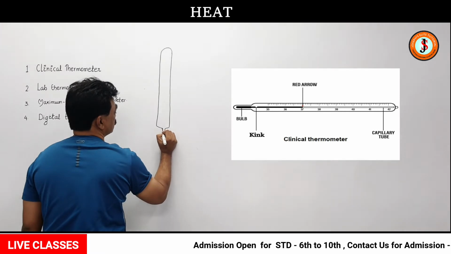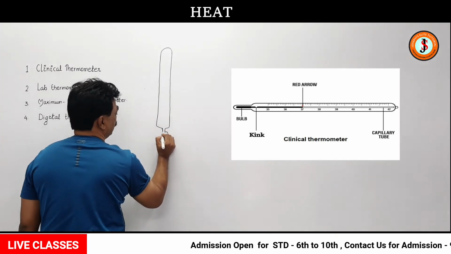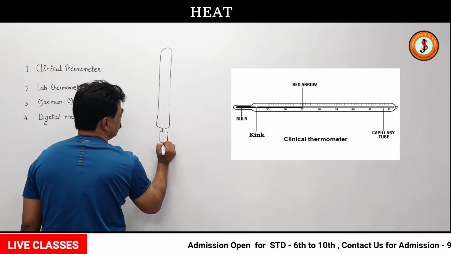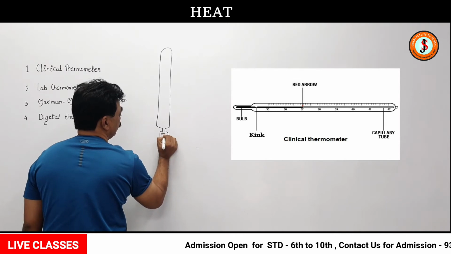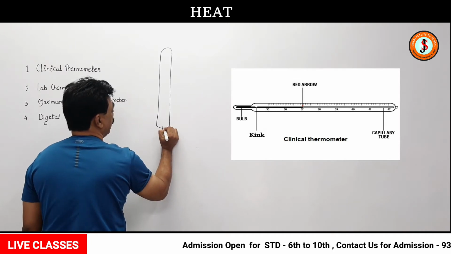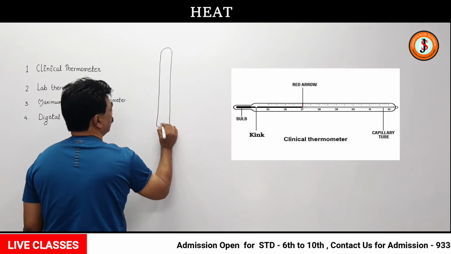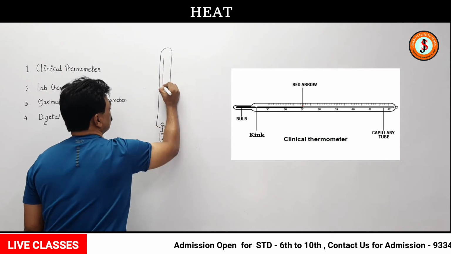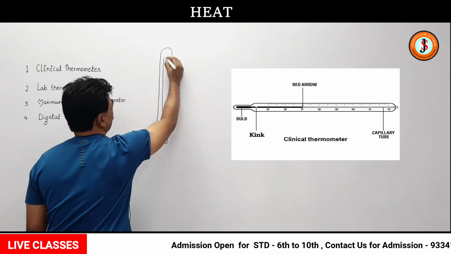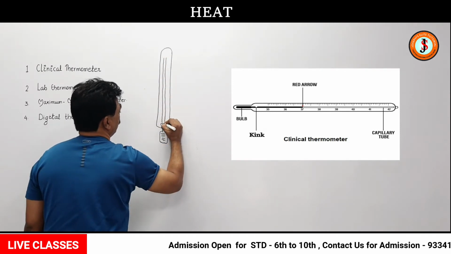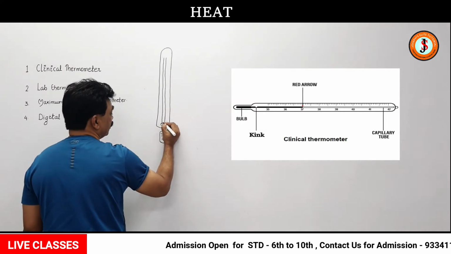transparent glass case. All right. And then there is a bulb of glass, you can say, and it is completely filled with a metal called mercury. And then if I take a clinical thermometer, there is a small capillary over here, and there is a kink.